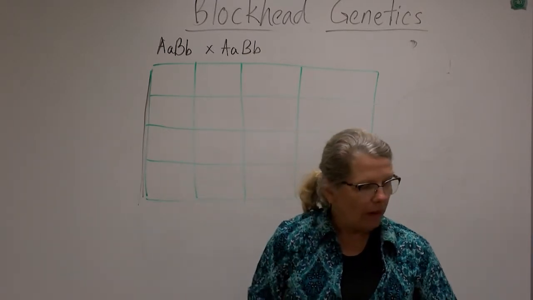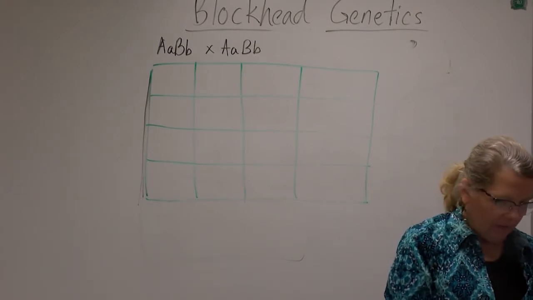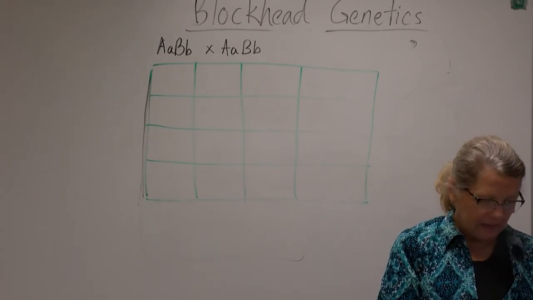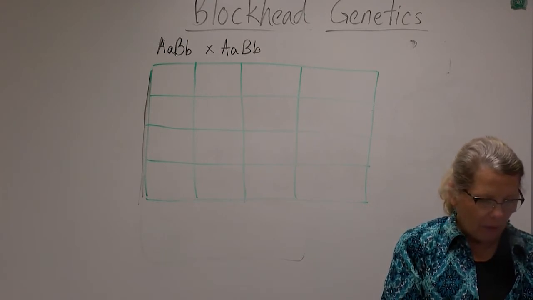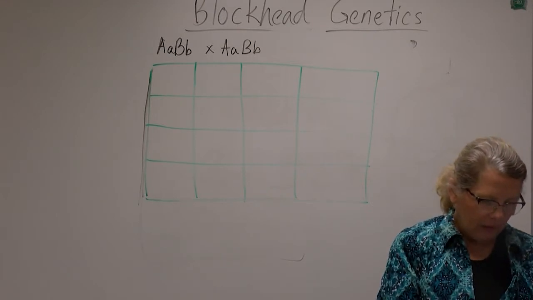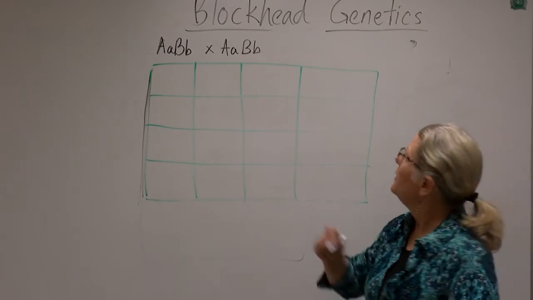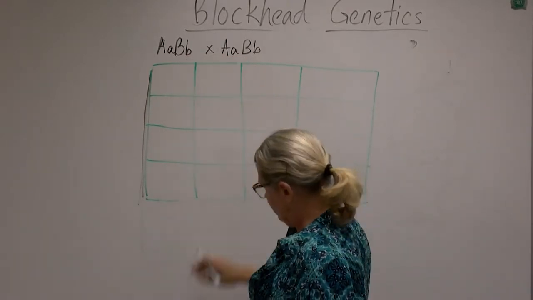And so when we cross this combination, we get a very complex Punnett square. Okay? And like I said, I will post that onto Canvas.